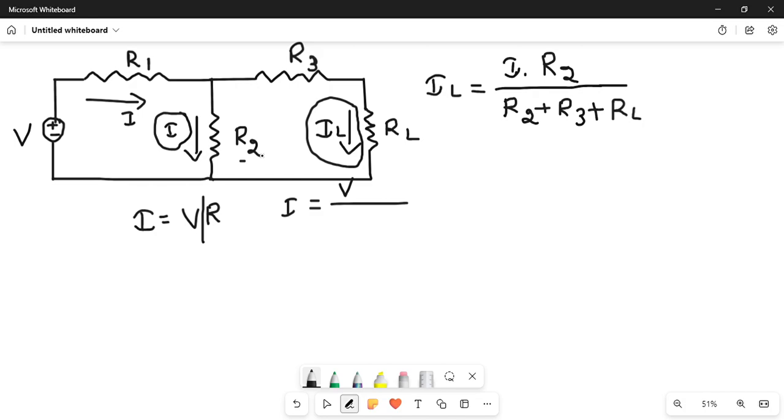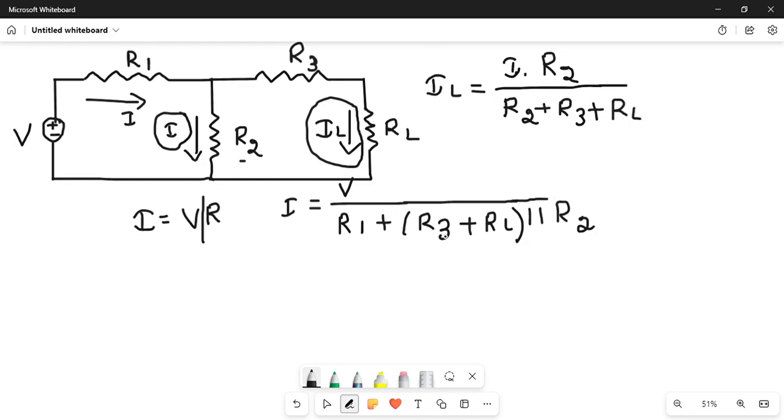So that is R1 plus R3 plus RL, which is in parallel to R2.